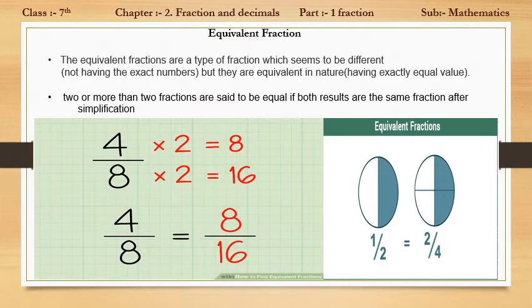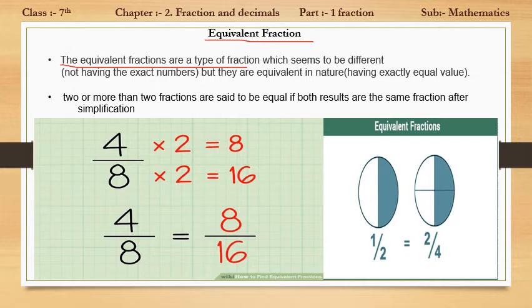Next one is equivalent fractions. We have to find out what equivalent fractions are and how we can find them. Equivalent fractions are fractions which seem to be different and do not have the exact same numbers, but are equivalent in nature.